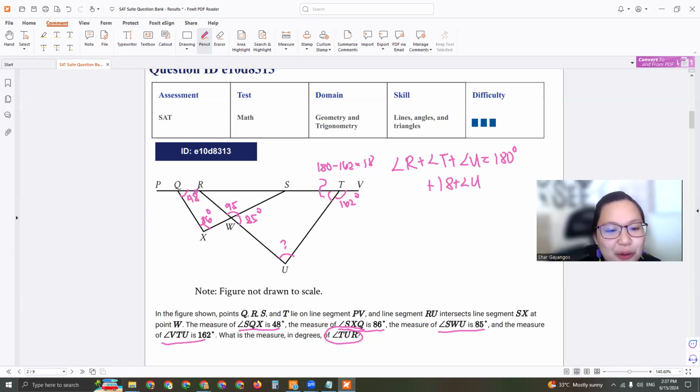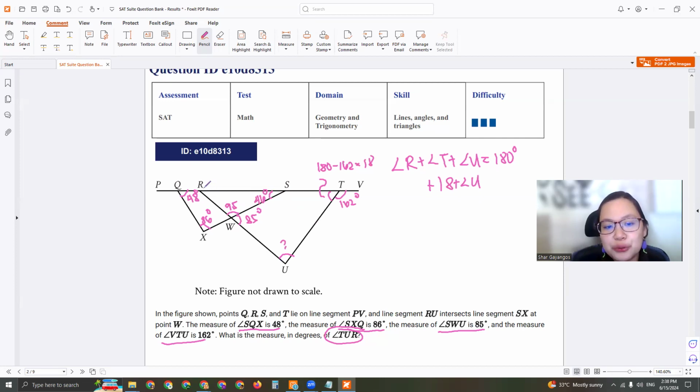Okay, now focus on S. SQXS is also a triangle, correct? And we can figure out the measure of angle S. And all we have to do is to subtract 48 and 86 from 180, and that gives us 46 degrees.